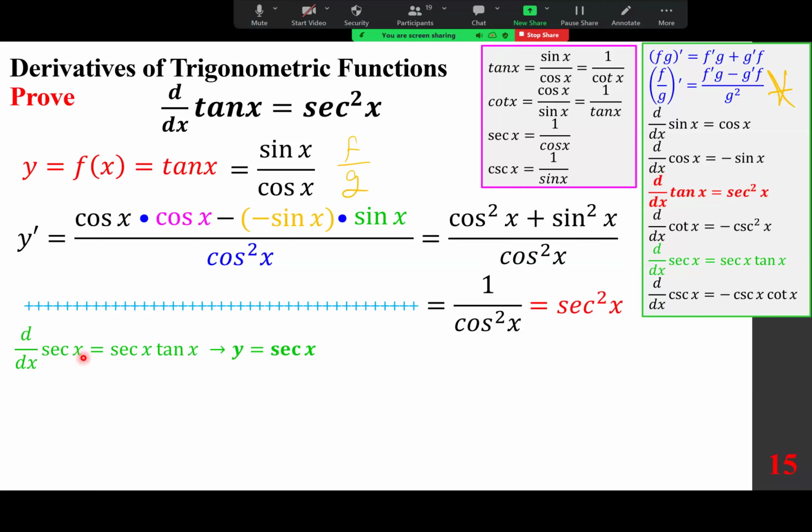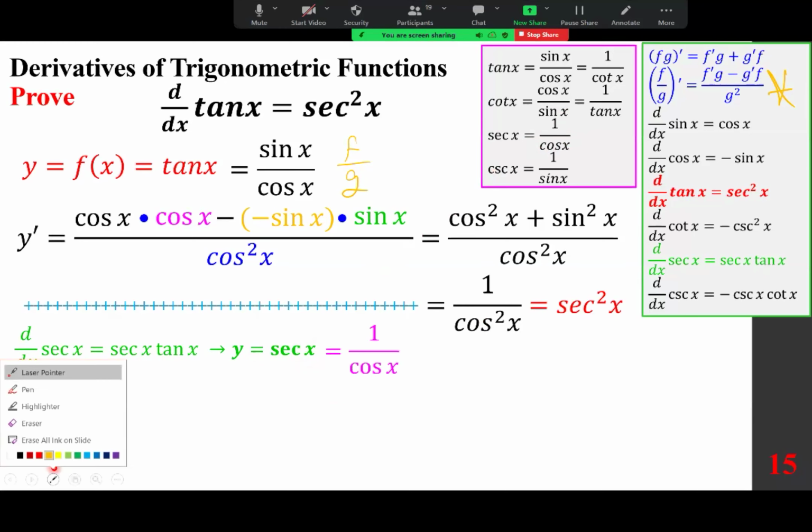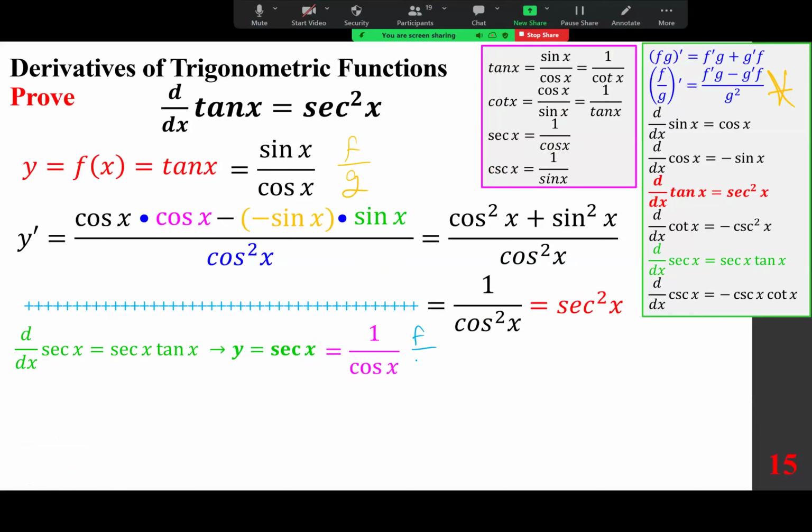d dx of secant x is secant x tan x. We want to prove that. To prove that, y equals secant x is 1 over cosine, and we are going to use the quotient rule on this one now, where the f function is just the number 1 and the g function is cosine.